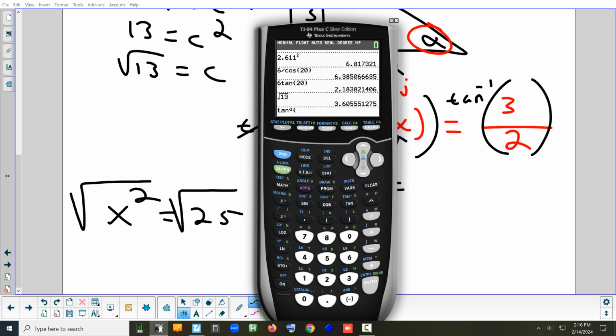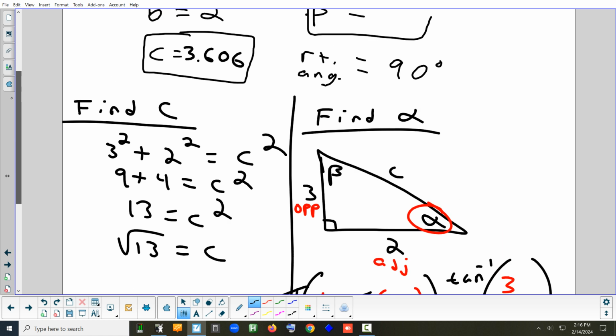So inverse tangent of 3/2. What is that to 3 decimal places? 56.310. Yeah, it's going to round up, so it's 56.310.